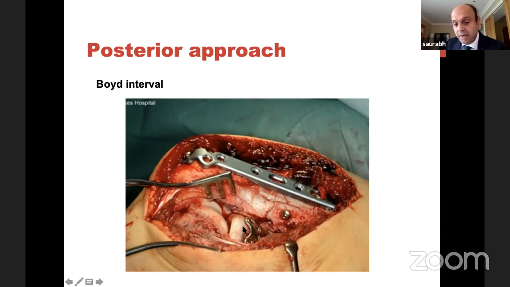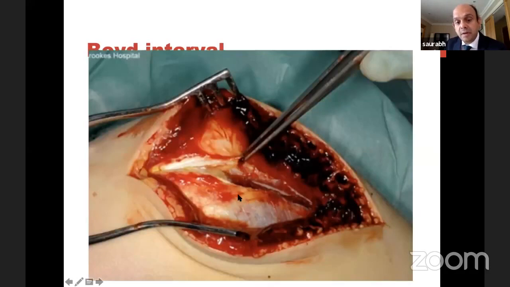I can see the back of the radius. The radius is now articulating with my sigmoid notch. And I can put a plate, I can do a replacement, and then see that leaf has got my anconeus. You can see the muscle. Under it will be LUCL. Do some anchors or transosseous sutures, reattach my LUCL to the supinator crest of ulna, and do some stitches on the muscle. And that's the posterior approach.